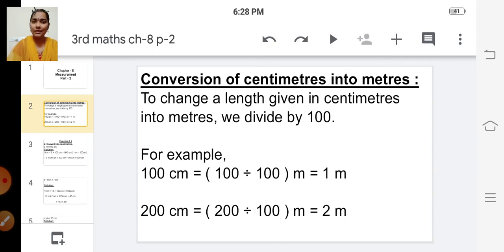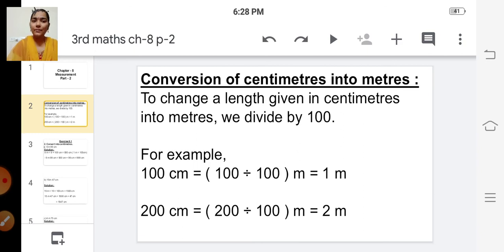Centimeter is the smaller unit and meter is the bigger unit. So we are going to convert smaller unit into bigger unit, so we have to divide. So to change a length given in centimeters into meters, we divide by 100.